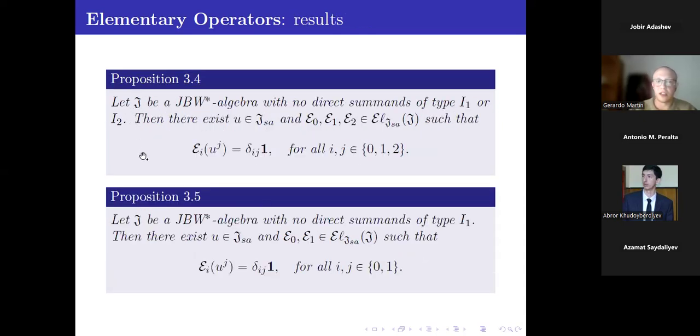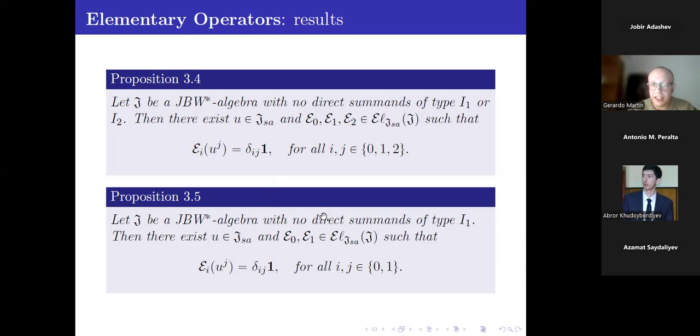The first one is that when we consider a GB-star algebra with no direct summands of type I1 or I2, then we can find a self-adjoint element in the algebra and three elementary operators satisfying this identity. That is, when we consider the power of any power of this element U, then we obtain this delta.